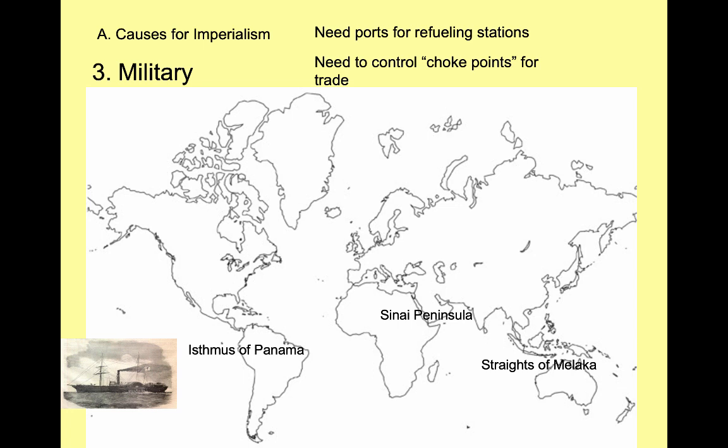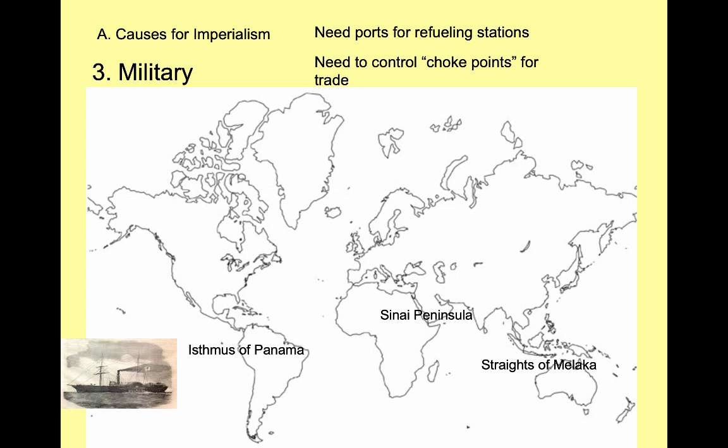Now on the Western Hemisphere, we've talked about the building of the Panama Canal, and so the Panama Canal is going to be built just in the next time period, in period 4. It's going to be built in the early 1900s, but that's another example of this kind of world trade choke point.